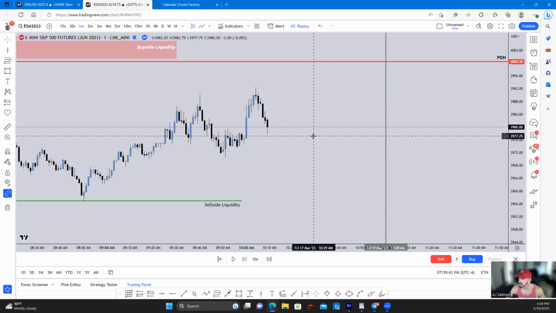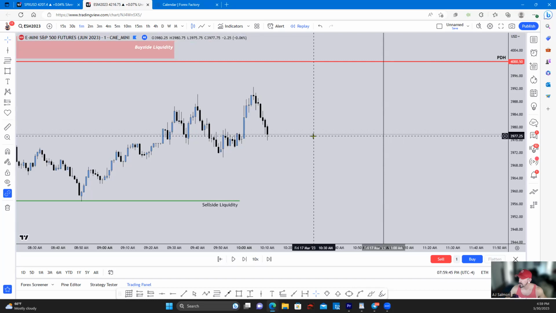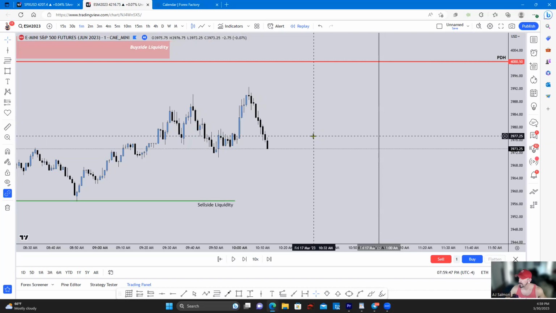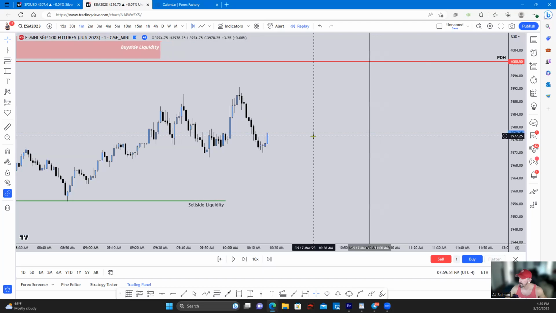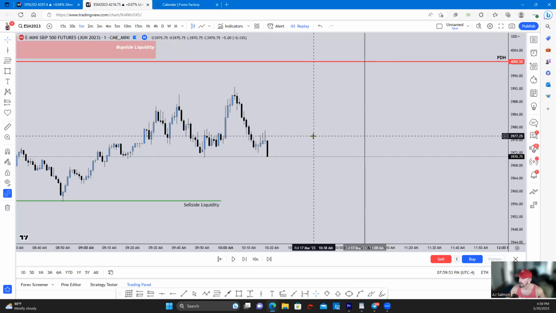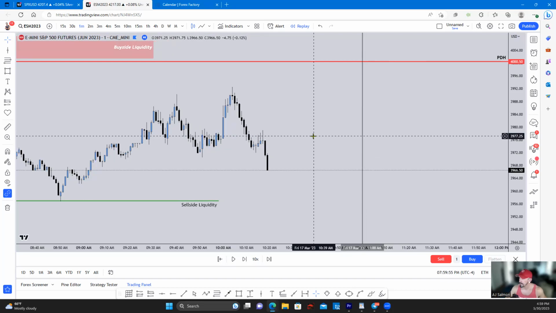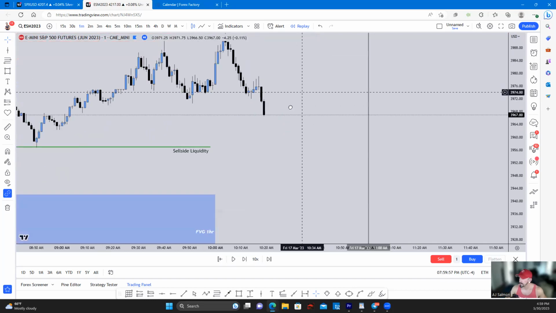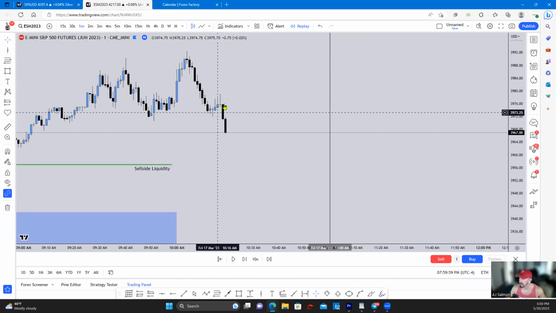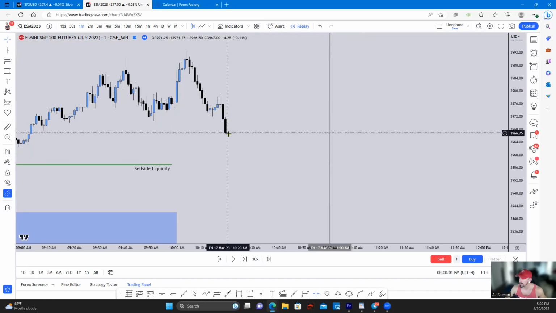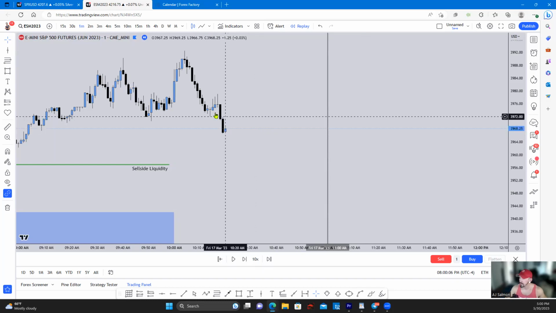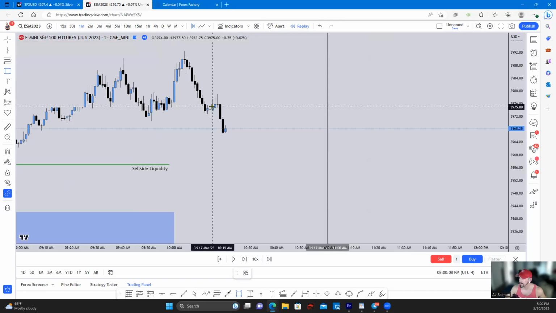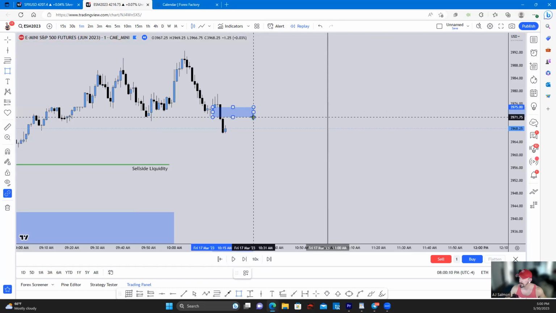There's some displacement there. Okay, so there's some displacement there. See how these are much bigger candles here? So I would be looking for something in here to take it down.